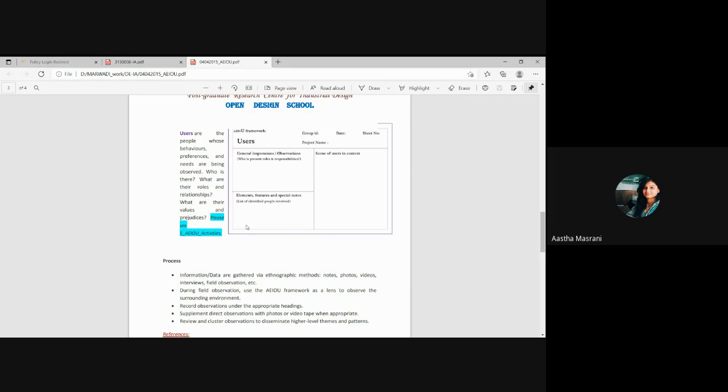Anyone? Okay. I have shared this PDF to Paras. So you shared to everyone. So all of you take the reference from this PDF and make your AEIOU sheet. Okay?